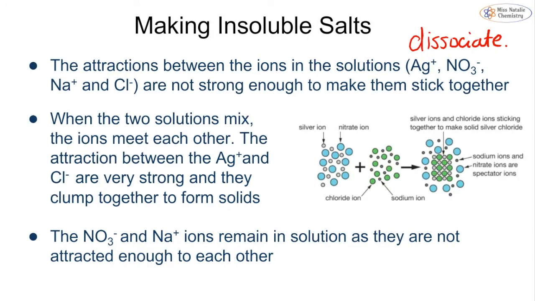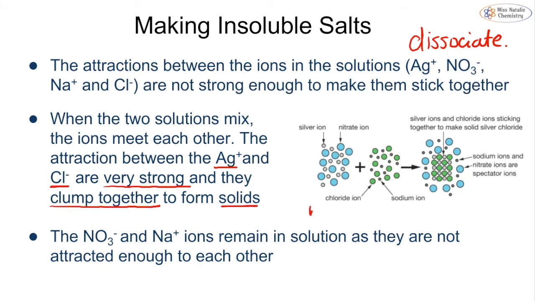And there is some attractions, but they are not attracted enough in order to stick together. When the two solutions meet, the ions mix with one another. The attraction between the silver and the chloride is so strong that it actually causes them to clump together and they form a solid.